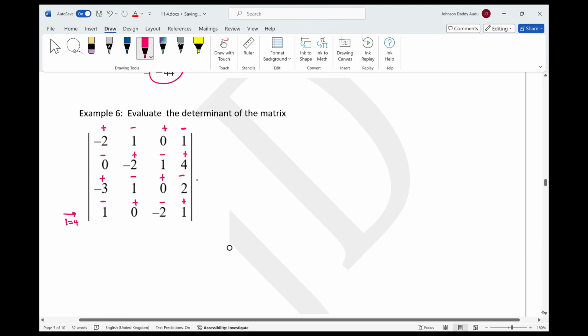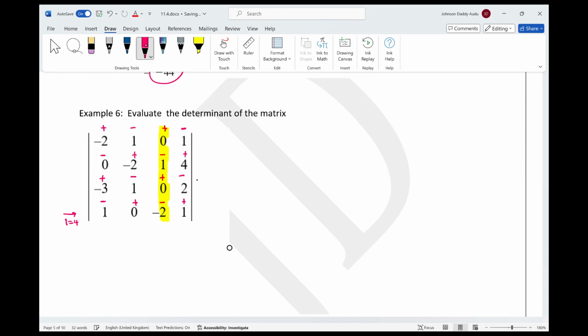If I look at this carefully, I think there are more zeros in this column. I have 2 zeros in this column.